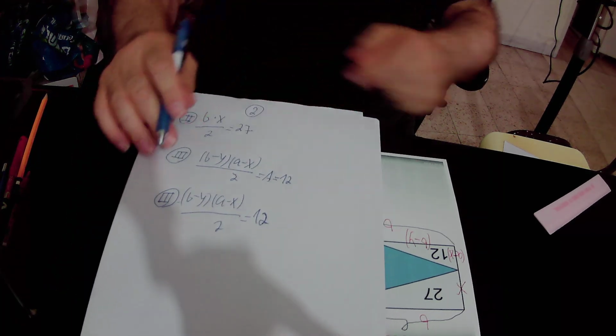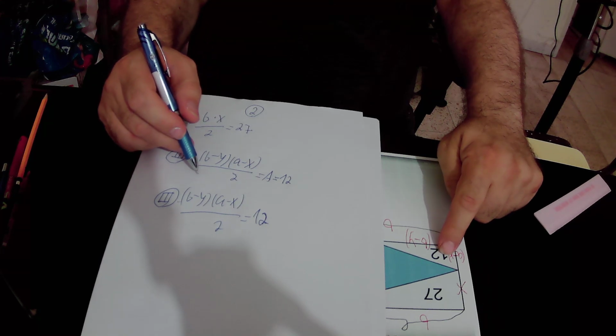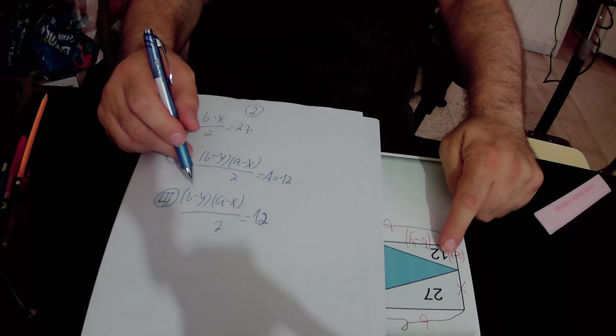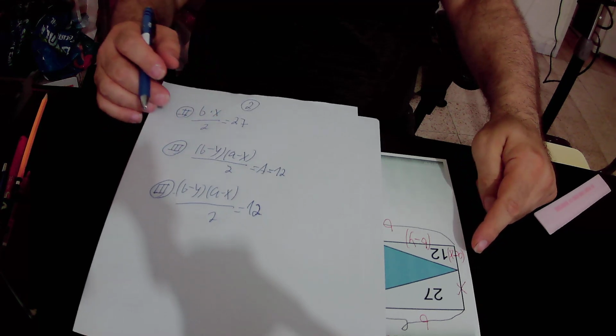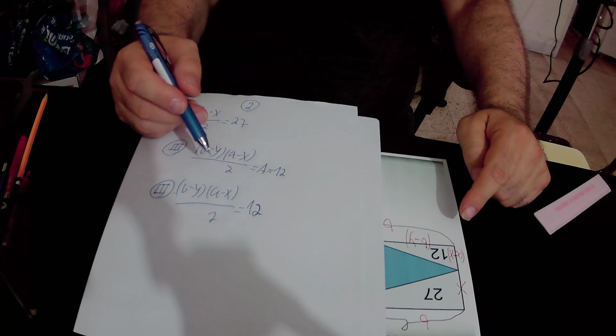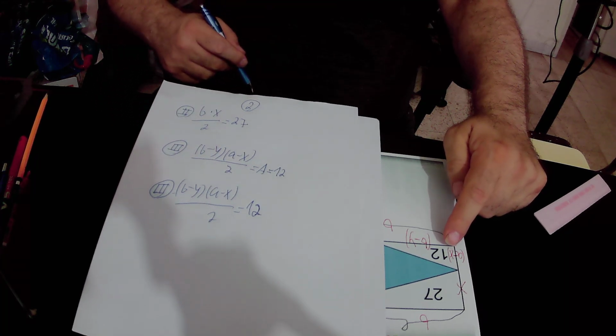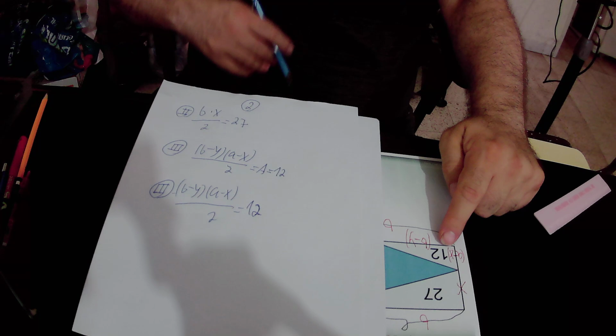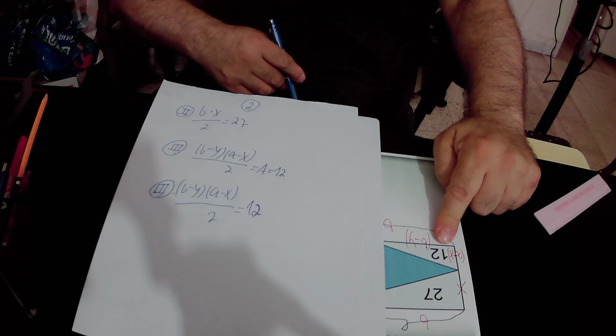Again, the base of this triangle, that is B minus Y, times the height of this triangle, that is A minus X, divided by 2, equals the area of this triangle that is given to us, and it equals 12 units.